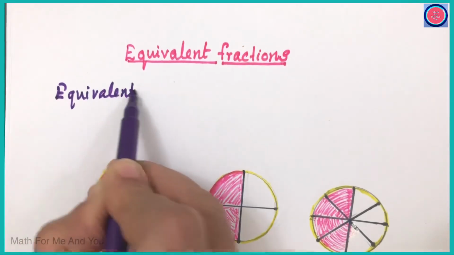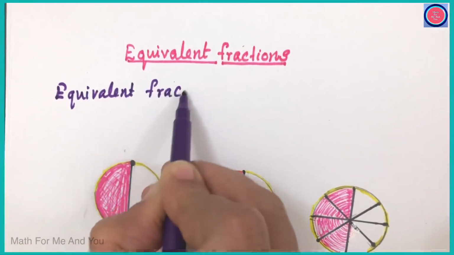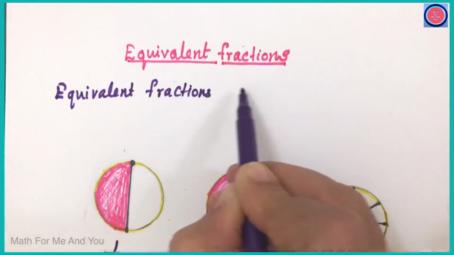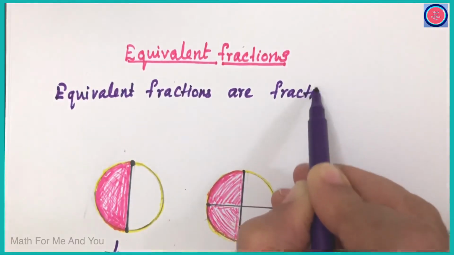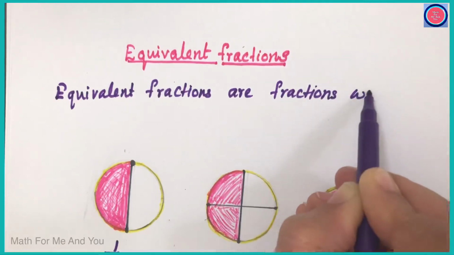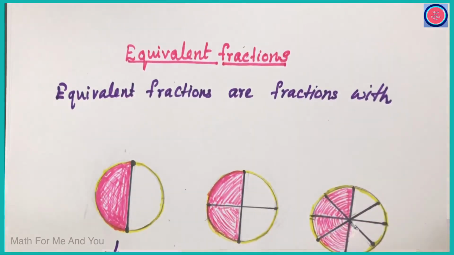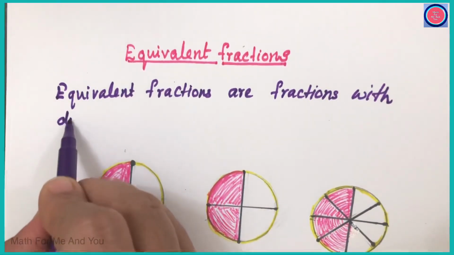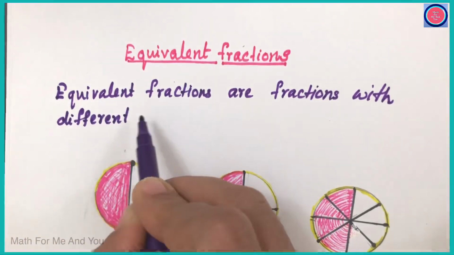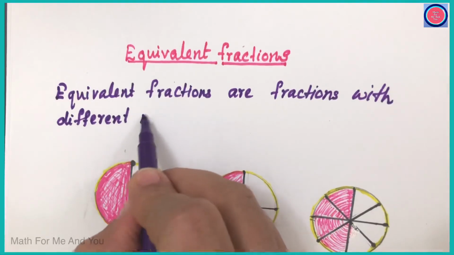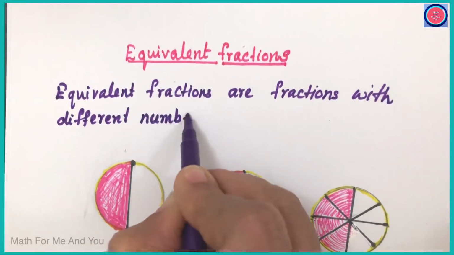So now we are going to write what fractions are called equivalent fractions. Equivalent fractions are fractions with different numerators and different denominators. So we can write they are fractions with different numbers, but they represent the same part of the whole thing.